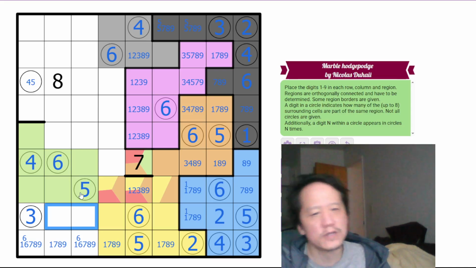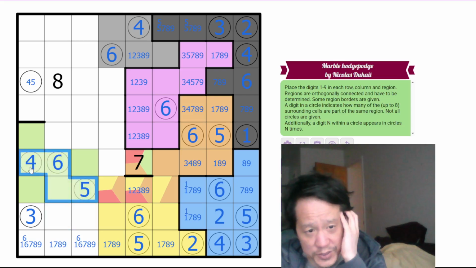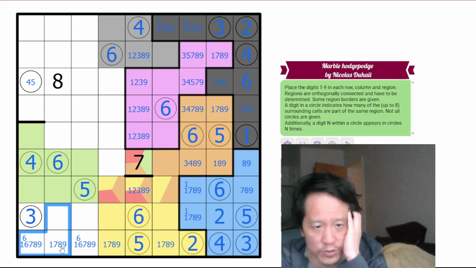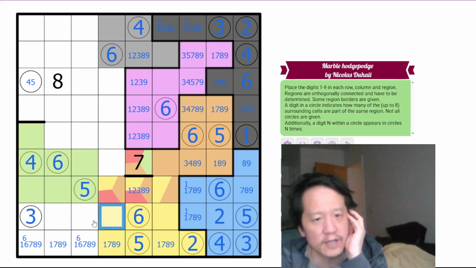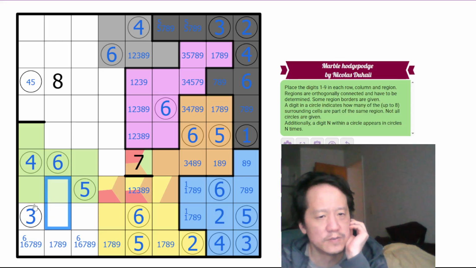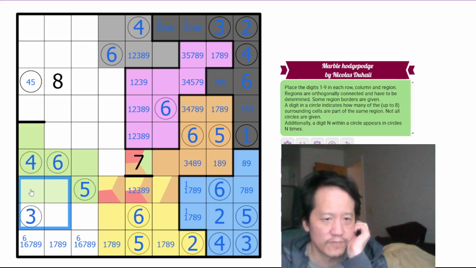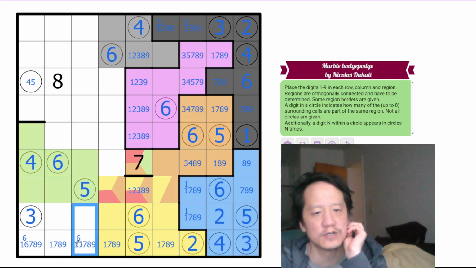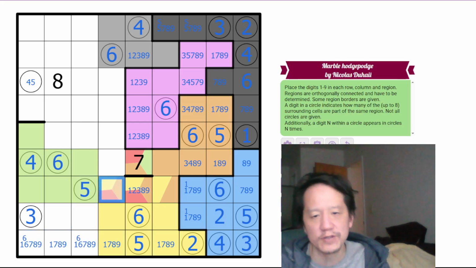Oh. The problem, okay, so the problem if this is the same region, though, is it blocks off. It can't include all of these digits, and yellow can't. Yellow only takes one of these. And green, if these are the same region, then they would essentially take up, at most, 4 cells here. And that would leave at least 3 cells here, which would be blocked off from another region.